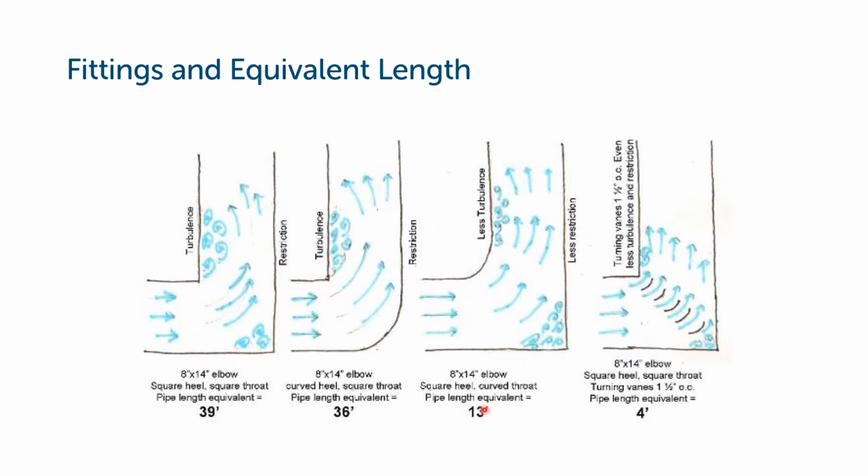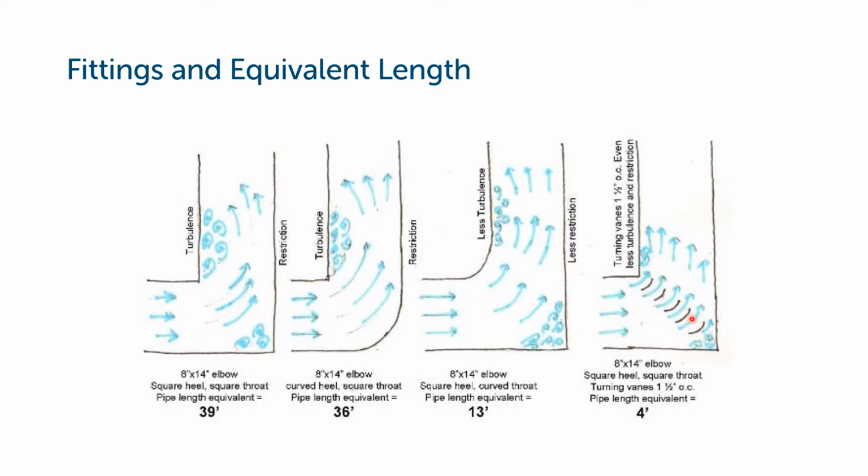And if we put turning vane in here, it's like 4 or 5 blades that take the airflow and break it up into 1.5-inch slices, and they move them around these curved vanes. So in this case, we only have one of these 1.5-inch slices that's affected at the throat and only one that's affected at the heel.